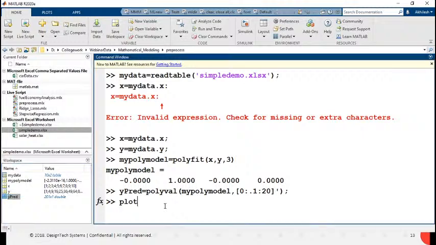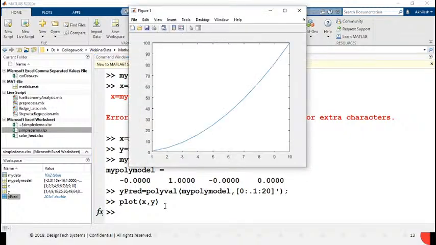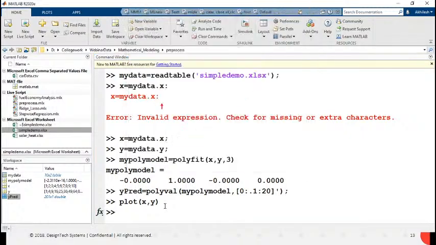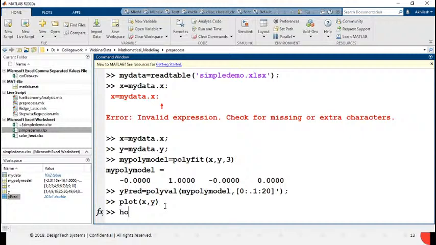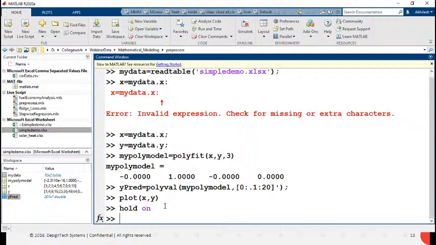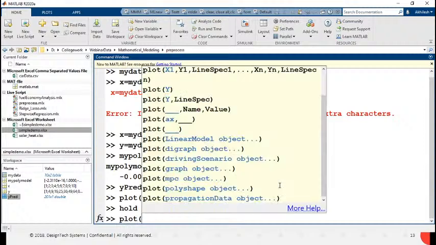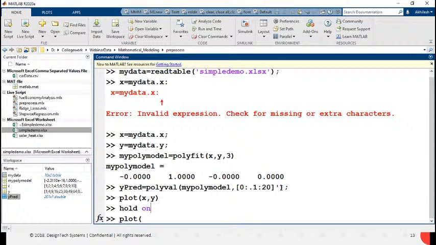If I plot x comma y, this is a simple plot of the data which I had, that is the observed data. And I want to plot the predicted also. Just simply I will give the command hold on, then plot. What will be the input? The x-axis, this data, and what is the output?